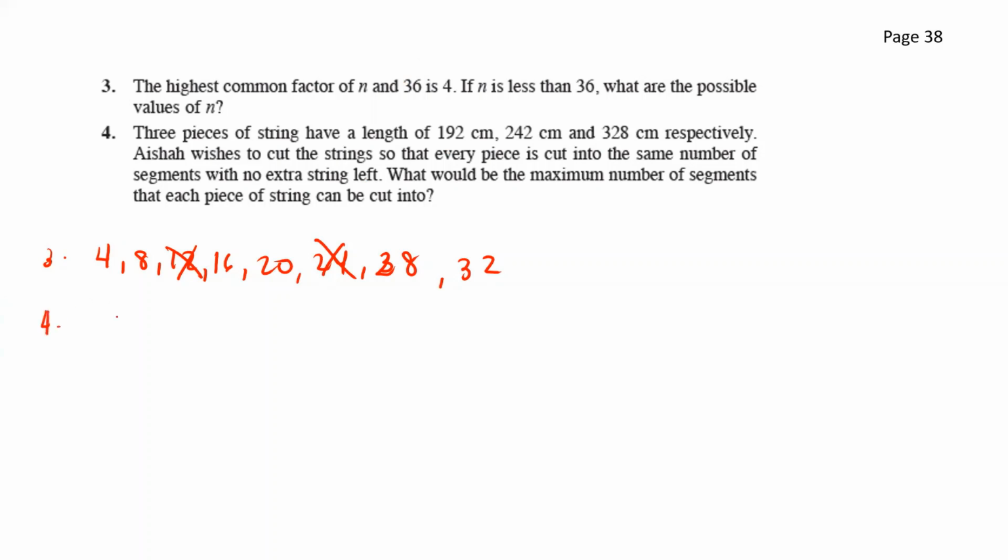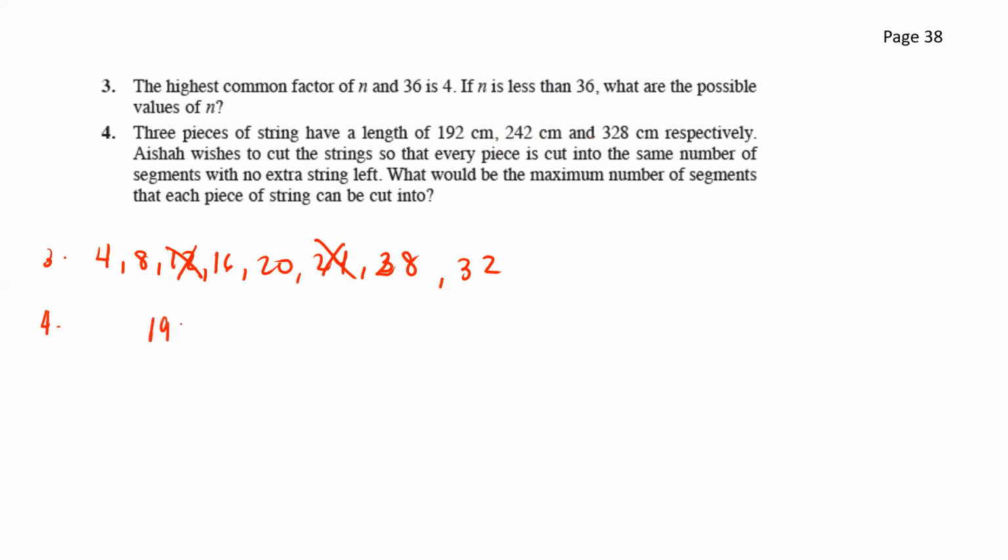Next, for number 4. 3 pieces of string have a length of 192 cm, 242 cm and 328 cm respectively. Aisha wishes to cut the strings so that every piece is cut into the same number of segments with no extra string left. What would be the maximum number of segments that each piece of string can be cut into?